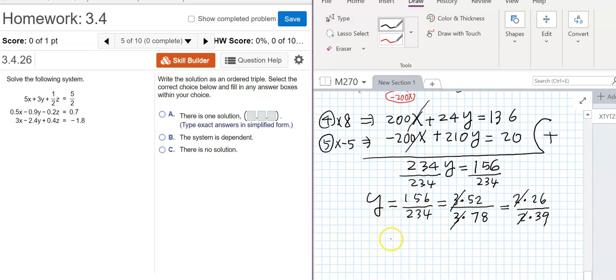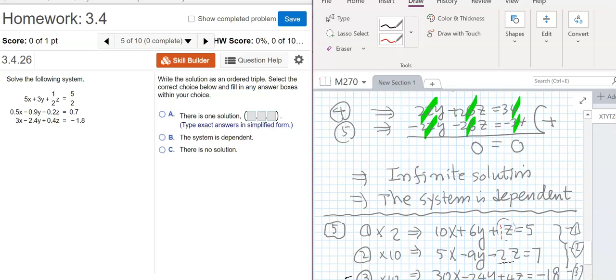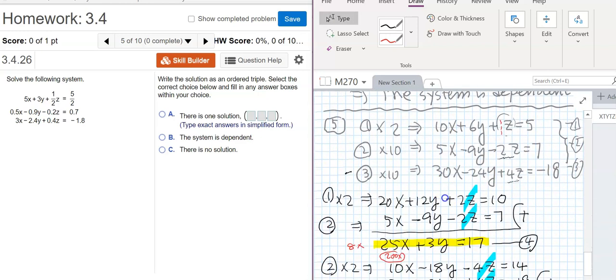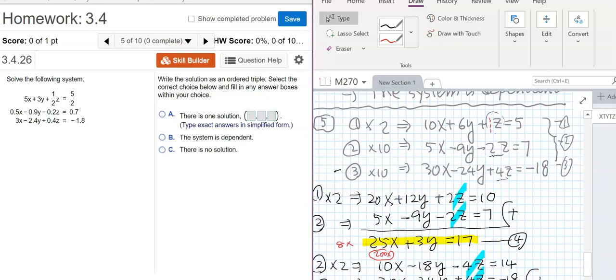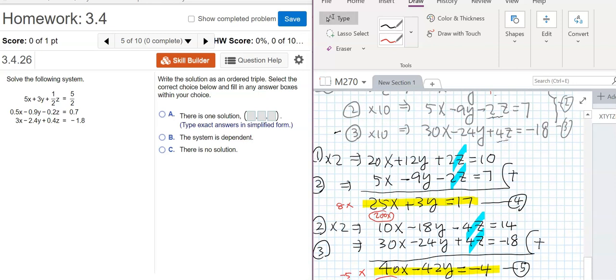Okay, this answer is a fraction. I don't see the answer, but this one is okay. Let me just double check, okay? I want to make sure I'm not making any mistake here. 30x minus 24y plus 4z is negative 8, and everything looks good. Then 1 times 2 is 20x plus 12y plus 2z is 10, and 2 is 5x minus 9y minus 2z is equal to 7.